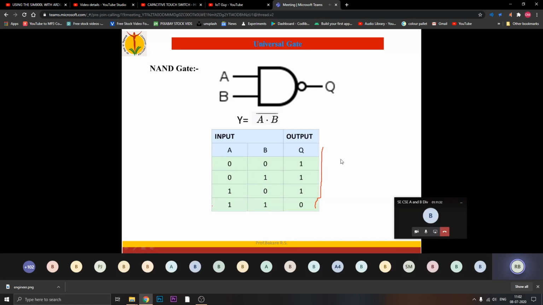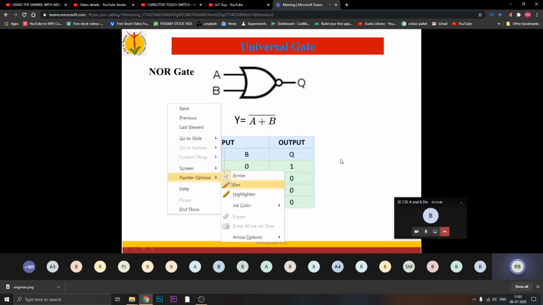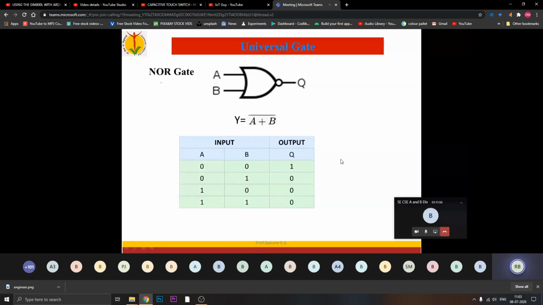Okay. Now I move to the next slide, which is the last gate among the universal gates, the NOR gate. The NOR gate is a combination of OR gate plus NOT gate.